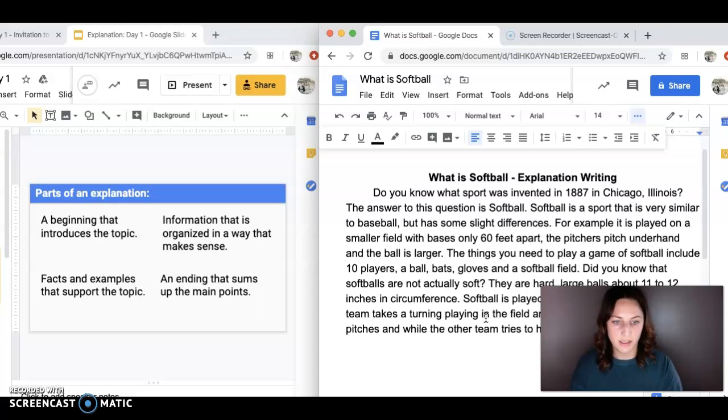Just like in baseball, in softball you must also get 3 outs. To get an out, you must get the ball to the base before the runner gets there, or get 3 strikes on the batter.